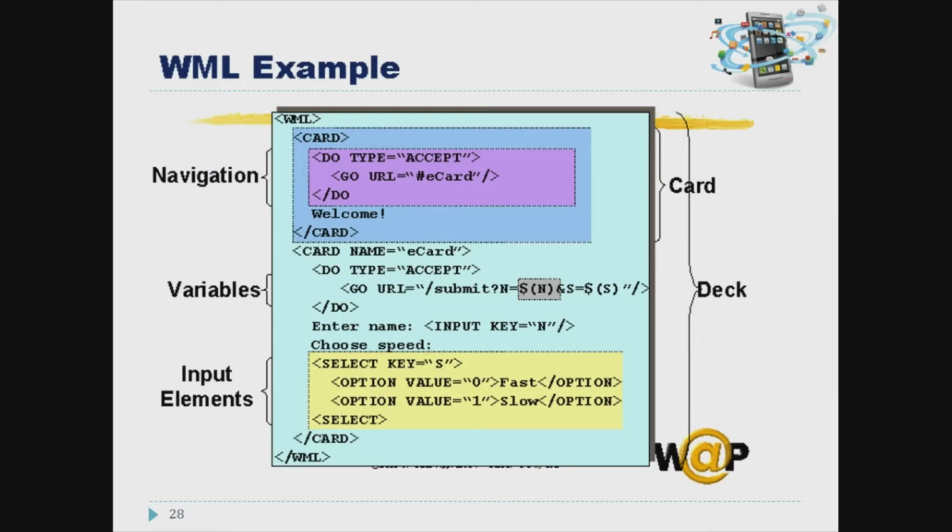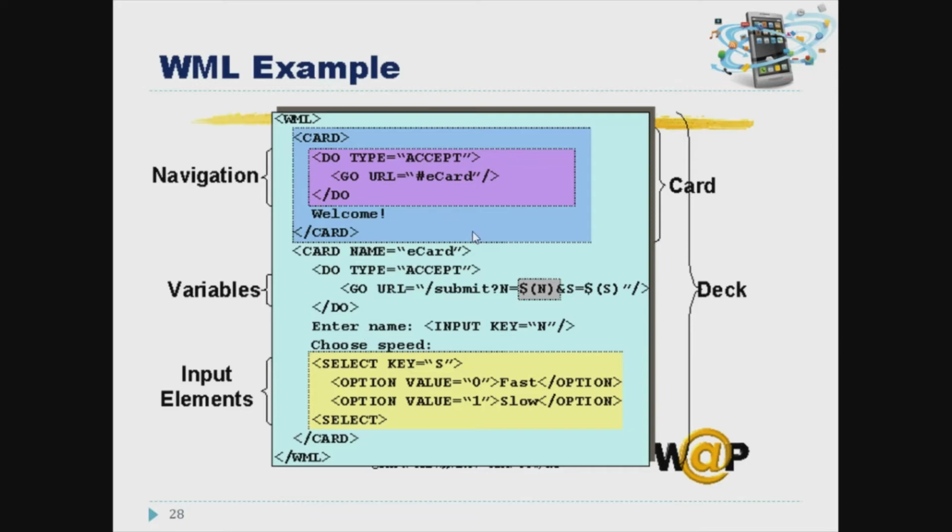Okay, this is an example of WML. If we use HTML, we start with the HTML element. So this one is WML. The first element is wml, so we need to know that this is a WML document. Okay, and then it uses the card. So these are the cards, card and close card. Do type accept, go to URL, for example here, what it should do.